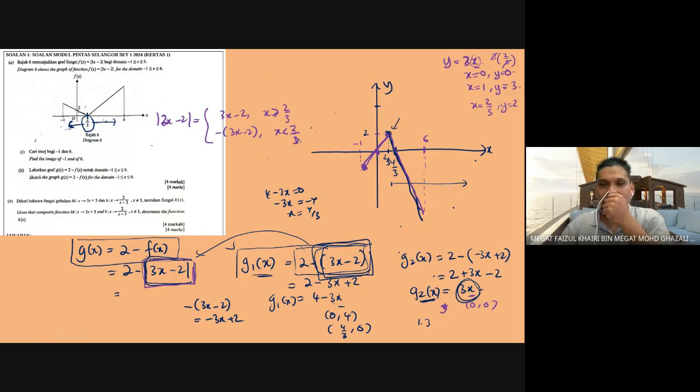So look at this. I still use 2 over 3 so that we know it is the separating line between the domain less than 2 over 3 and greater than 2 over 3. Okay, so this is the graph for question number 2.